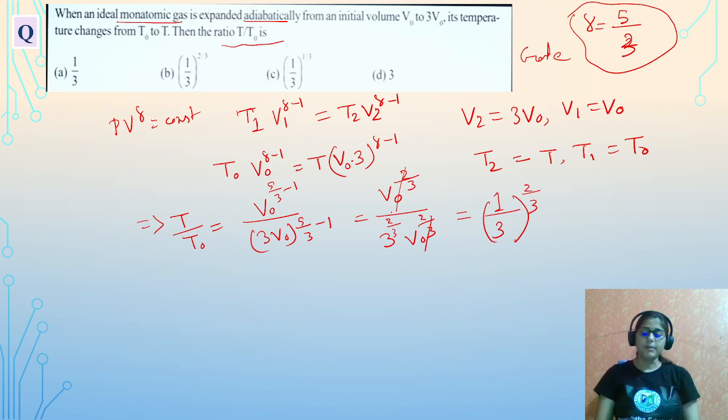Gamma is 5 by 3, so 5 by 3 minus 1 is 2 by 3. So the answer will be B.